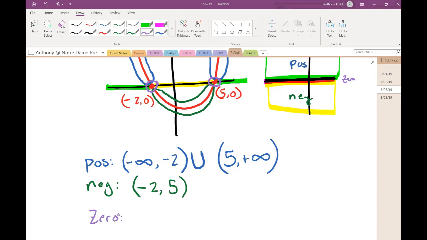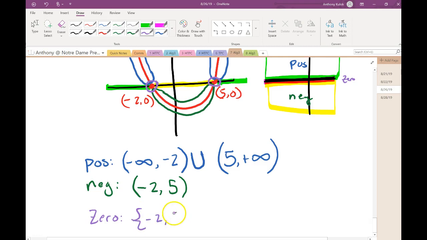Almost. So, closer. Here's the thing. How many points are 0? 2. That's what kind of set? Finite, right? And how do we write a finite set?